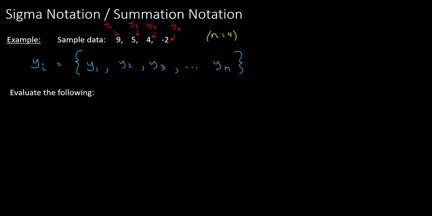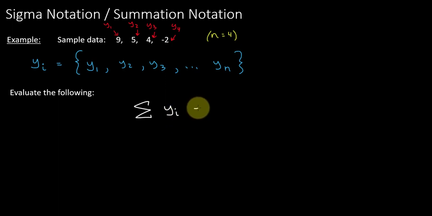Let's illustrate sigma notation by evaluating the following. So the Greek letter capital Sigma, right here, is telling us to take the sum of something. However, we have yet to specify of what. And now that I've written y i, we can take the sum of all the elements in y.